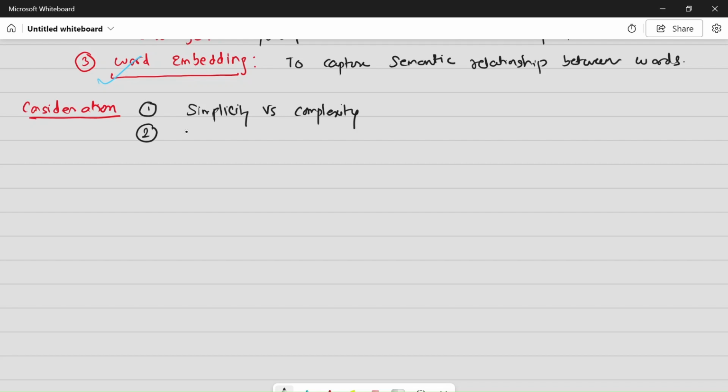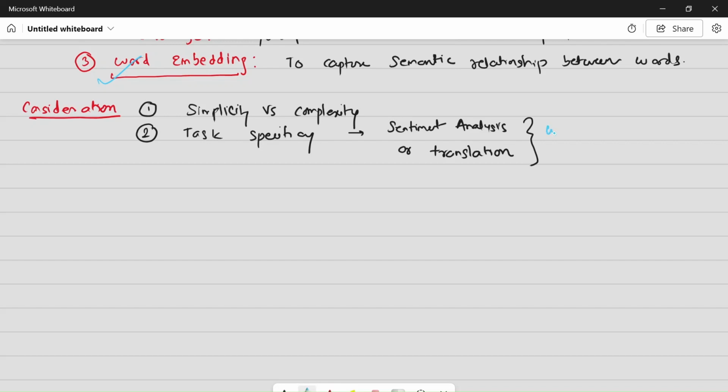The second is the task specificity. What task you want to do. For example, if you want to do a very simple task, then go ahead with the bag of words. But if your task is something related to sentiment analysis or translation, then which technique are you going to use?